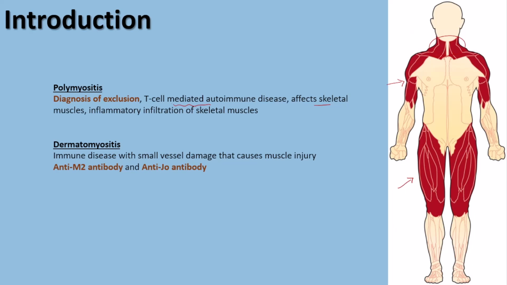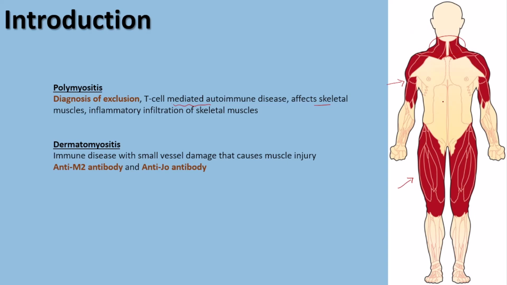In this disease you are going to have muscle weakness due to the fact that the muscle is inflamed due to T-cell mediated autoimmune disease, and also inflammatory infiltration of skeletal muscles. Cardiac muscles and smooth muscles are spared in this disease, and truncal muscles are also spared, so you are not going to see any form of inflammation and weakness in truncal muscles.